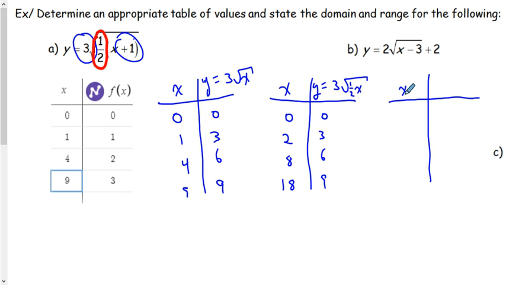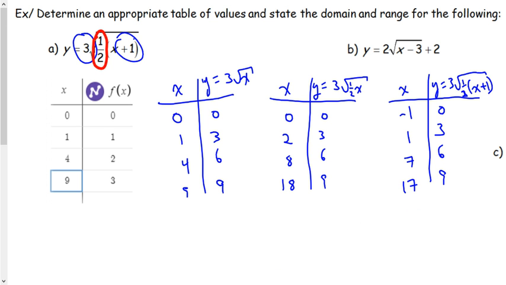So, I've got y equals 3 square root 1/2 x plus 1. Okay, so my y values are going to be the same. My x values, I'm going to subtract 1 from them. So this is going to be -1. This is going to be 1, this is going to be 7, and this is going to be 17. Okay, so that's my new table of values that I'm going to use for my new transformed function.